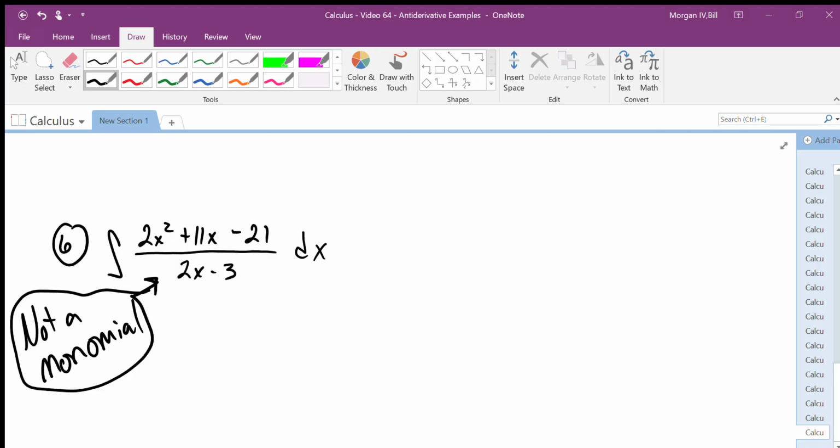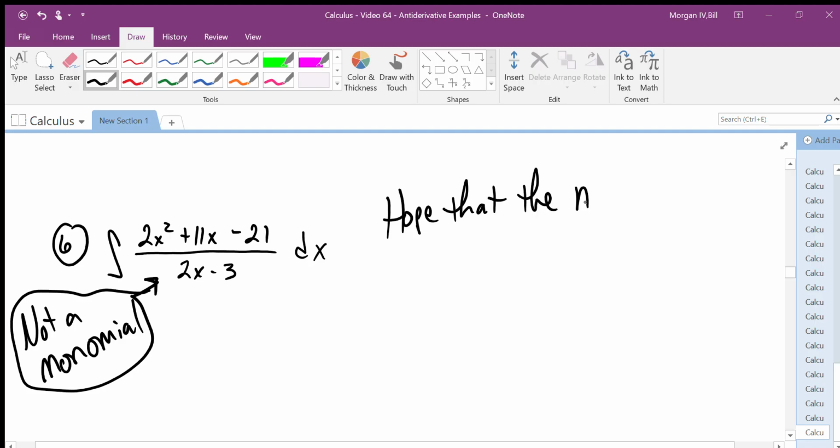So what we're going to do is hope that the numerator factors and something cancels out. That's our hope. We hope that the numerator factors. Otherwise, we're going to be in trouble here.